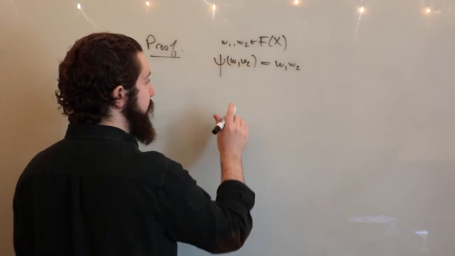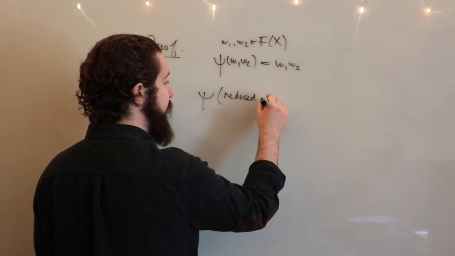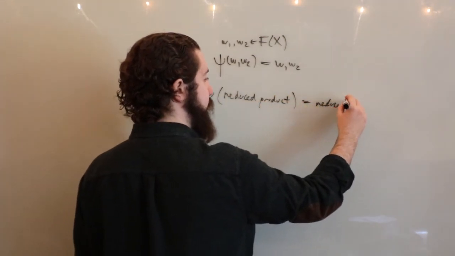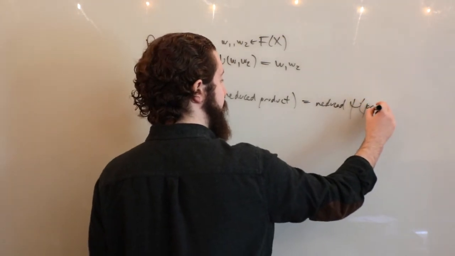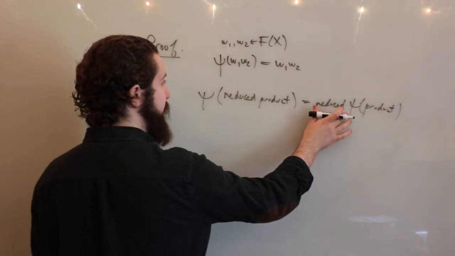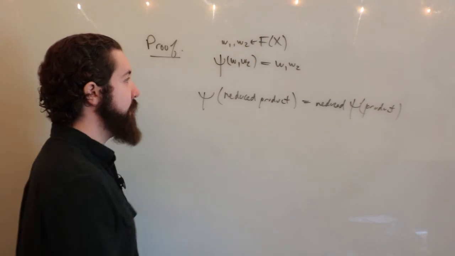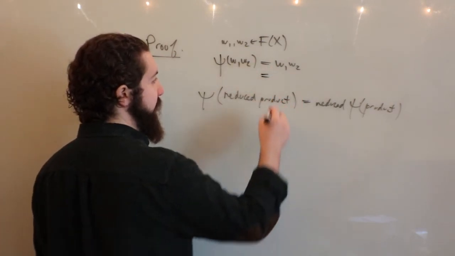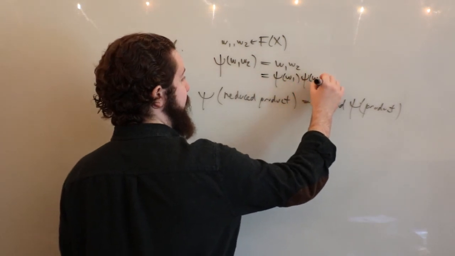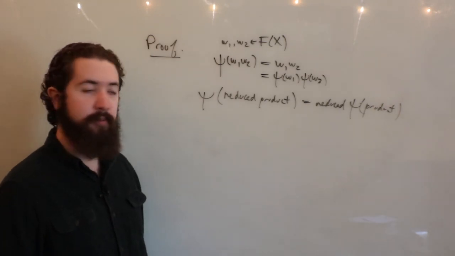So we need it to be true that psi of the reduced product equals the reduced psi of the product, right? We need this reduced part to go both ways. That's why we needed to verify that the reduction is the same in both groups, because this allows us to say that this is psi of W1 times psi of W2, and we have operation preservation.